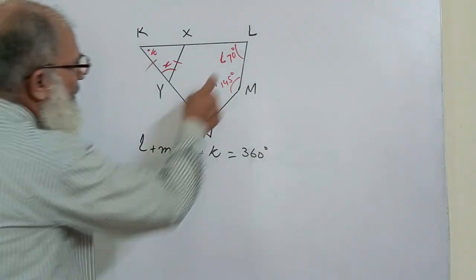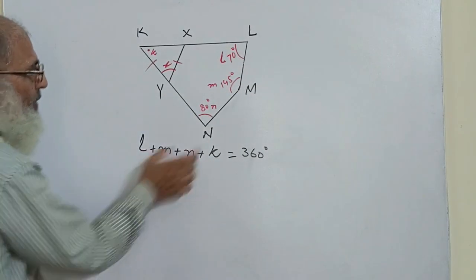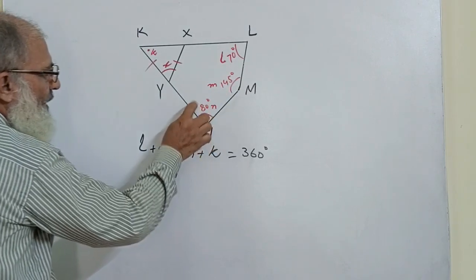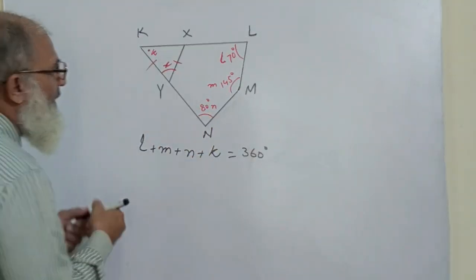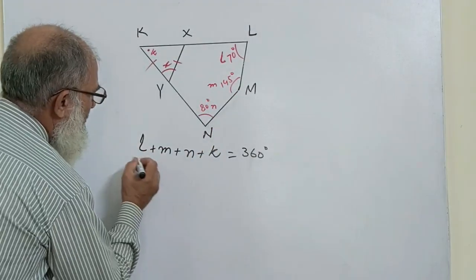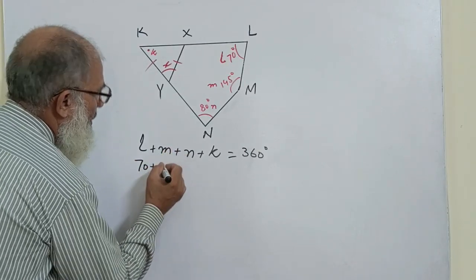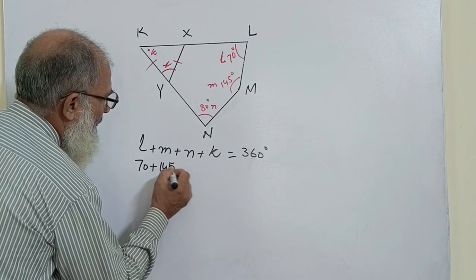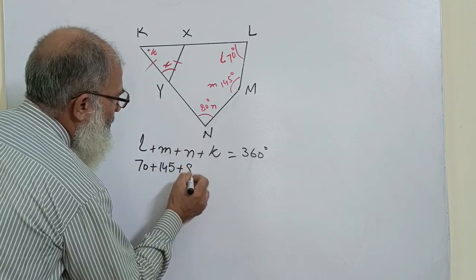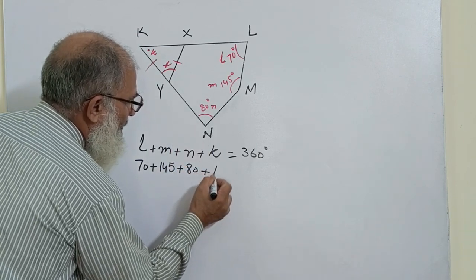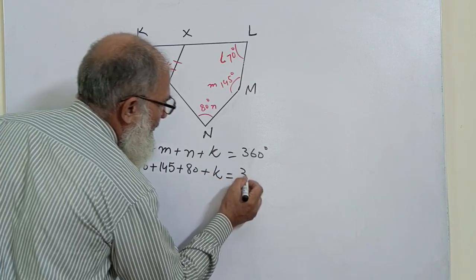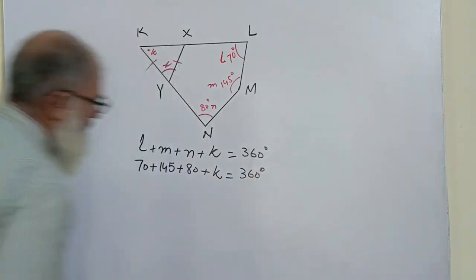Now, three of the four are given: 70, 145, 80. Let me write all which are given. Now, this is given, 145 plus N is given also, but K is not given. So that is equal to 360 degrees.